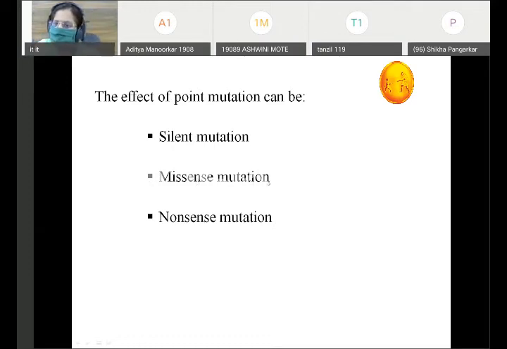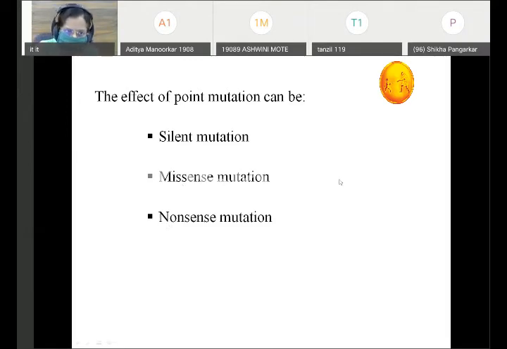When a single base is changed, that causes some change in the end product. The protein which is formed has altered function, but that may not cause the death of the patient. These missense mutations can be acceptable, non-acceptable. And the third one is a nonsense mutation.